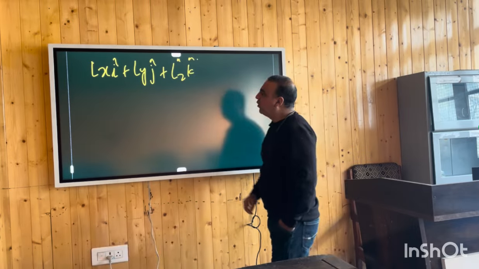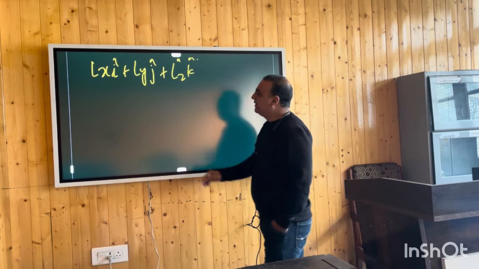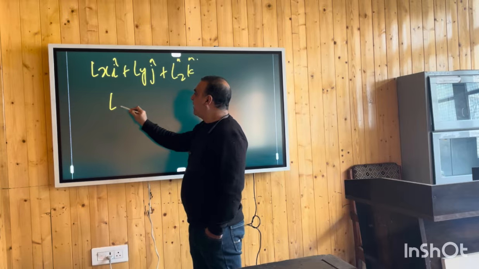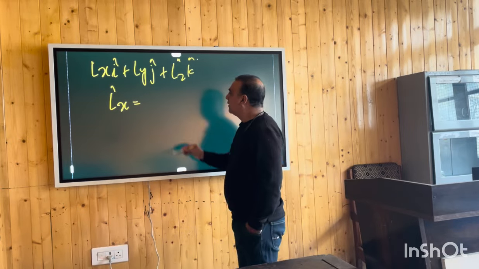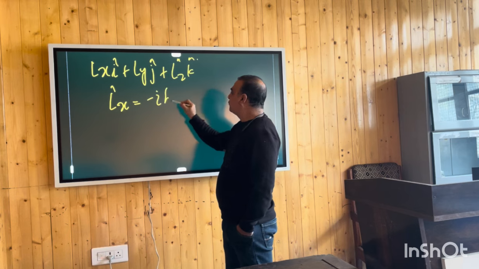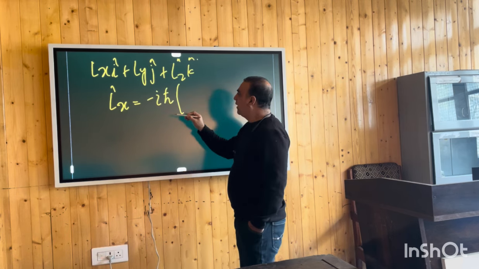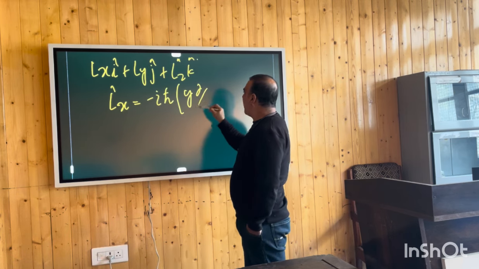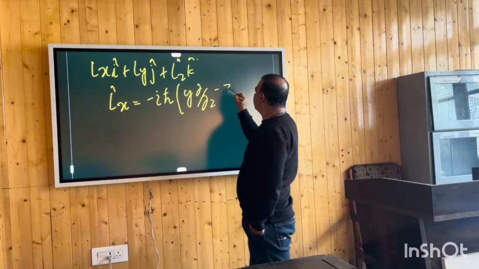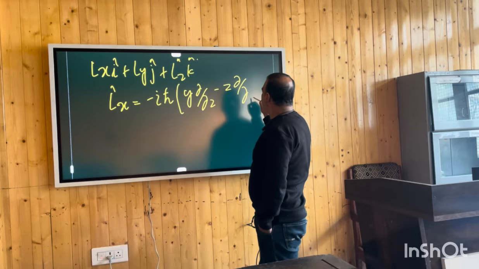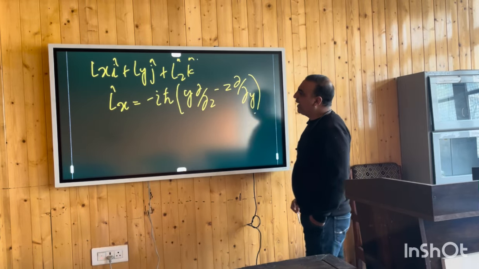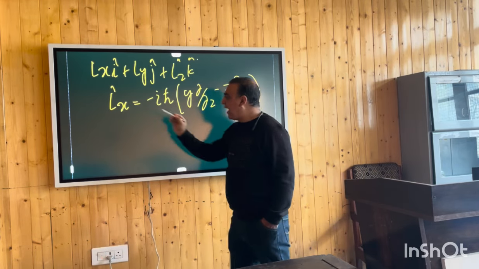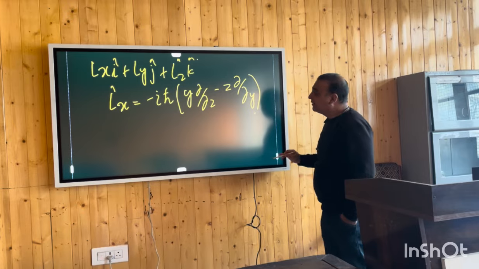So what we are going to obtain from this is the angular momentum x operator, and this will come out to be minus i h bar (y dou by dou z minus z dou by dou y). So this will be our angular momentum operator along the x-axis once you resolve that determinant.